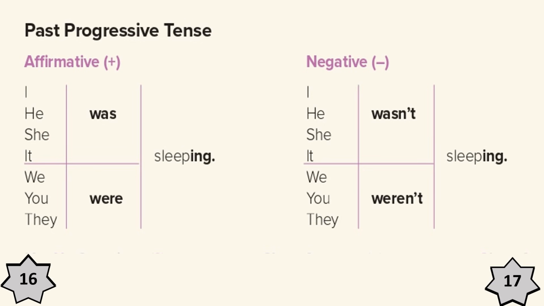The past progressive tense. We use it to talk about something that was happening, going on at some point in the past. This tense is formed with the helping verb to be in the past tense, was or were, plus the verb with an ing ending.